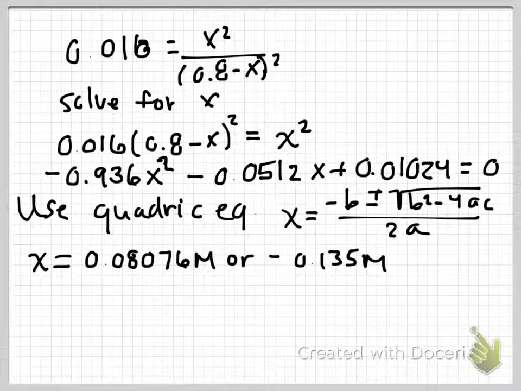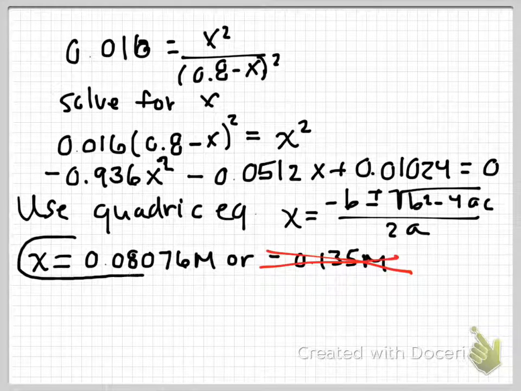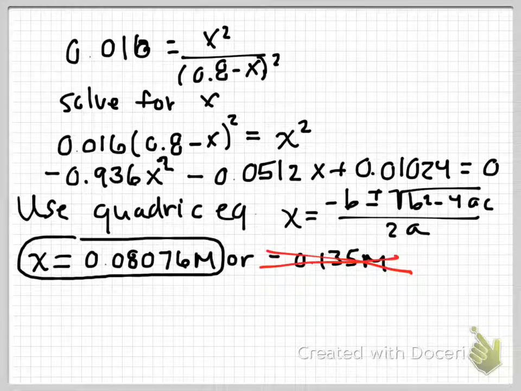Again, we can automatically discount our negative root as not feasible. So this is somewhat close to our initial approximation of 0.1. But you'll notice that it is a little bit different because the small x was not a valid assumption.